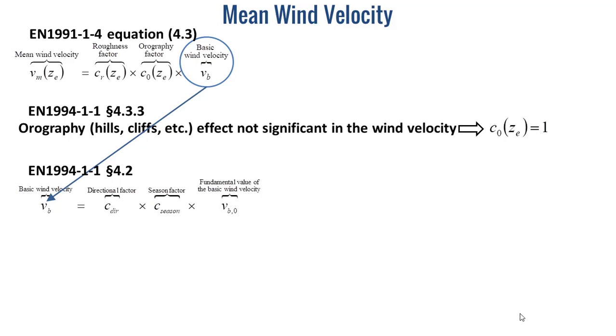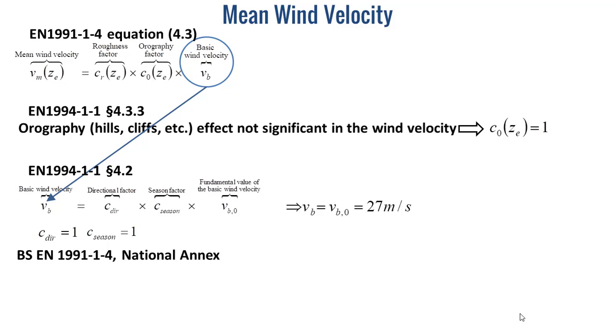And for the basic wind velocity, as I explained at the beginning of this video, it will be equal to a certain directional factor multiplied by a season factor multiplied by VB0. And we often use the value 1 for the directional factor and the season factor based on the national annex of the standard BS EN 1991-1-4.